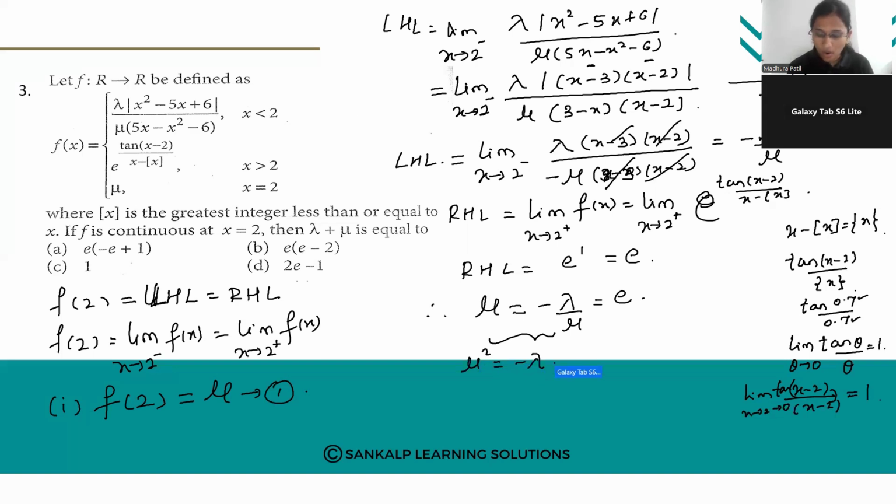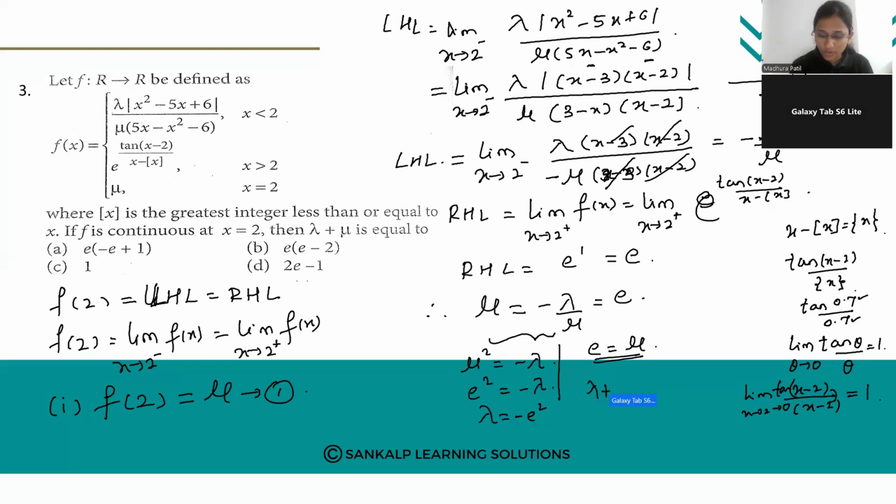Also, these two are equal to each other, so e equals mu. We are trying to find the values of lambda and mu, because we need lambda plus mu. Since e is equal to mu, this becomes e square equals minus lambda, or lambda equals minus e square. So we got the value of mu, and we got the value of lambda.